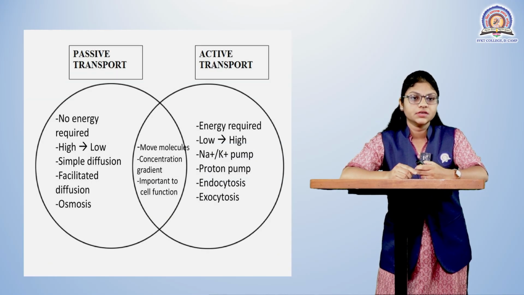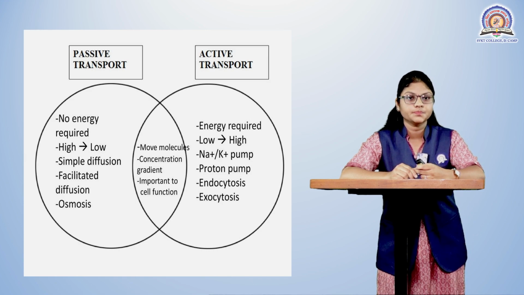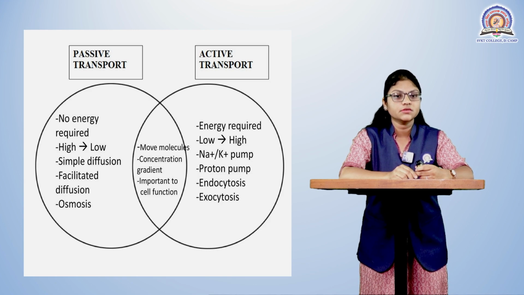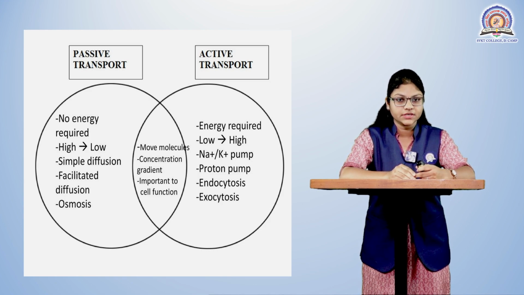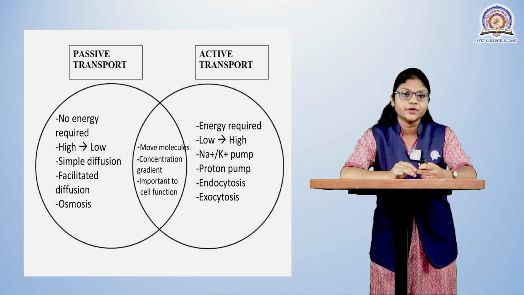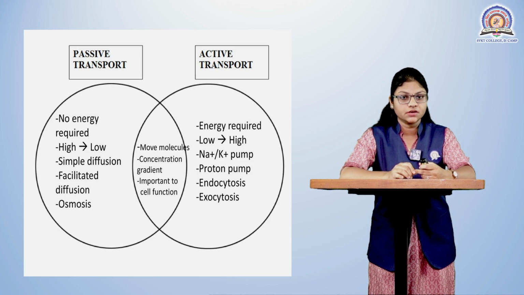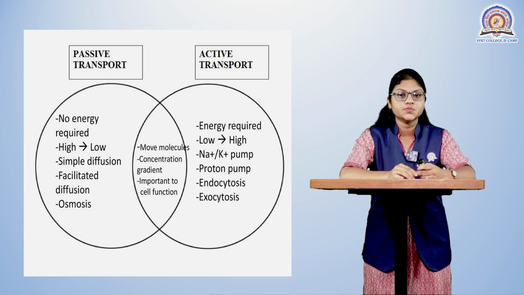This is the difference showing the transportation between passive transportation and active transportation. In passive transportation, no energy is required and particles move from higher to lower concentration. But in active transportation, energy is required and solute moves from low concentration to high concentration.